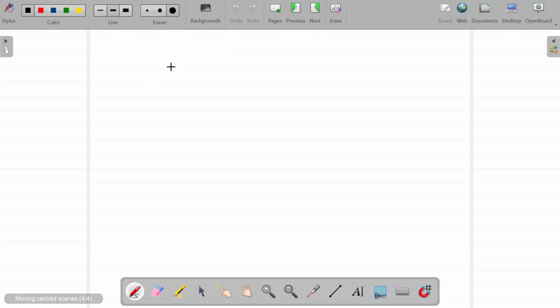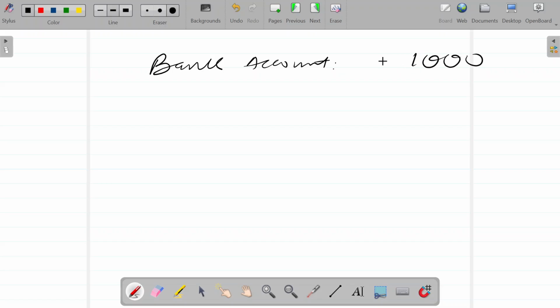So, for instance, you have a bank account. You have a balance of, let's say, 1,000 cedis in your bank account. This 1,000 cedis is an asset to you.